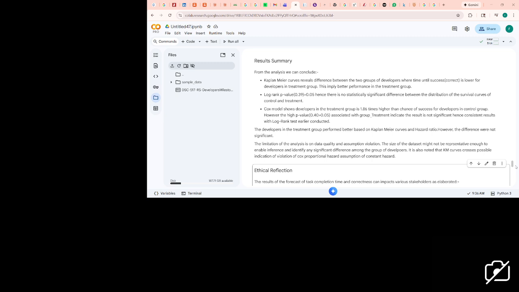Also, from the KM curve we saw a point where they are crossing, so that can point to a violation of the Cox proportional hazards assumption of constant ratio. That is why, as much as a difference is there, based on the small sample size we cannot see a significant difference, because the sample size determines the power of the test.